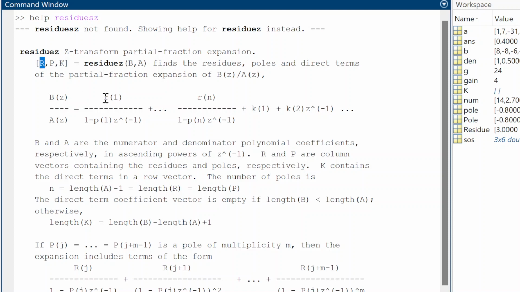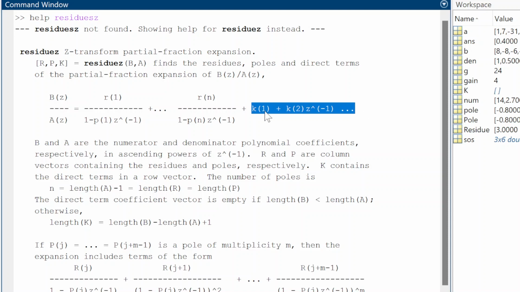R will be the numerator coefficients for your partially expanded H(z). This is the H(z) here on the left-hand side, equal to the partial fraction expansion results. So you will have poles in the form of p1 times z to the minus 1, p2 z to the minus 2, and so on. And you will have r1 constants up to rn, and then potentially, not always, some polynomial like this.